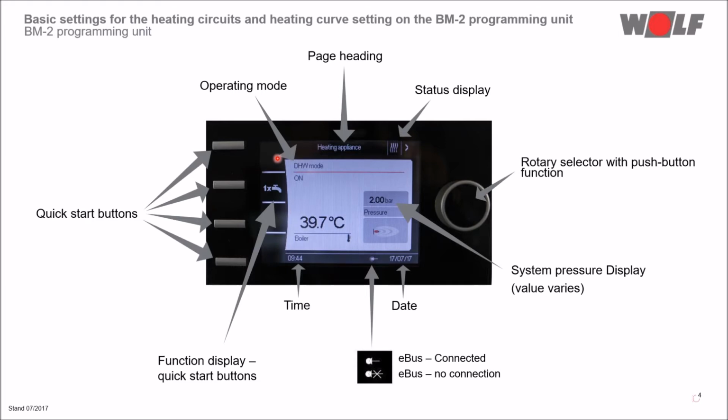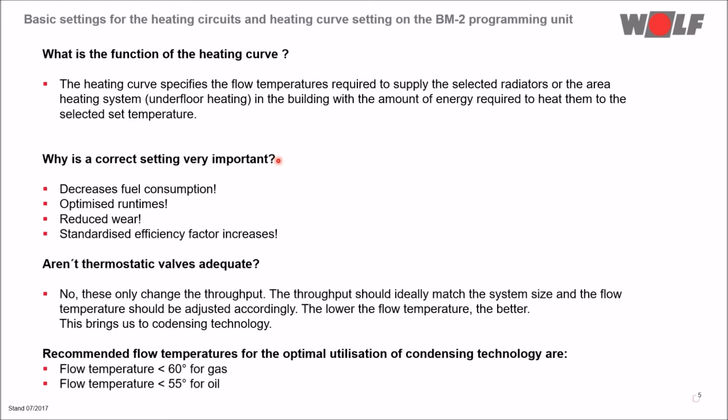Before we move on to the settings, I would like to go through a few questions concerning the heating curve. What is the function of the heating curve? Briefly, the heating curve specifies the flow temperature required to supply the selected radiators or the area heating system, for example, underfloor heating, in the building with the amount of energy required to heat them to the selected set temperature.